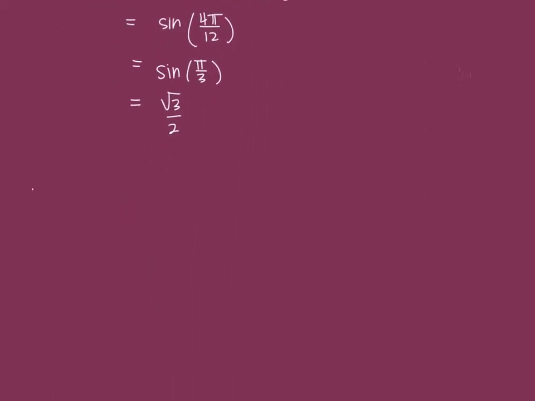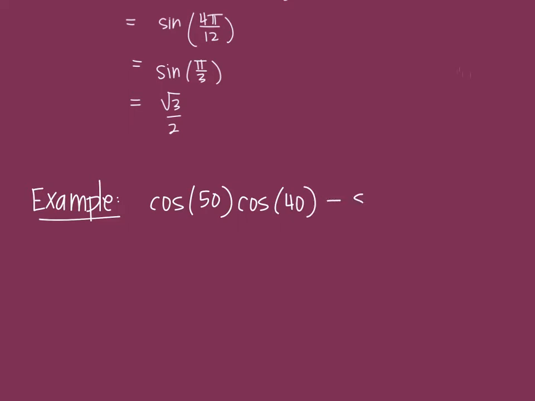All right, last one. How about the cosine of 50 degrees and the cosine of 40 degrees minus the sine of 50 degrees and the sine of 40 degrees.